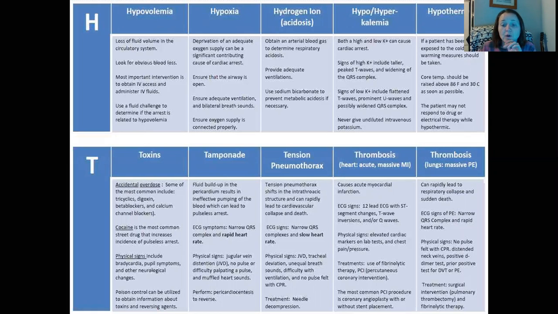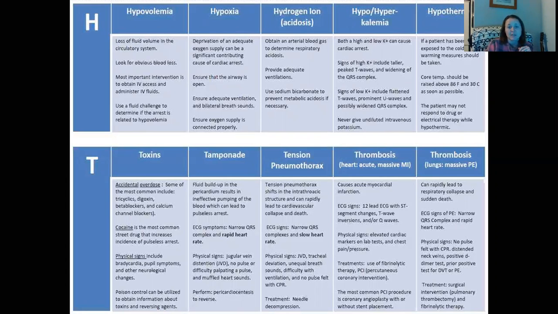If we don't know what caused the rhythm, we can't fix it. We're gonna continue to have these abnormal rhythms till we fix the underlying cause. So let's look at some of these, and then we're gonna go through some examples and talk about what it could be.